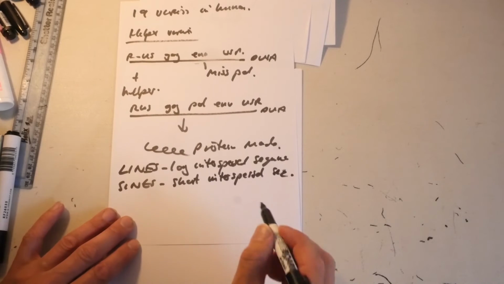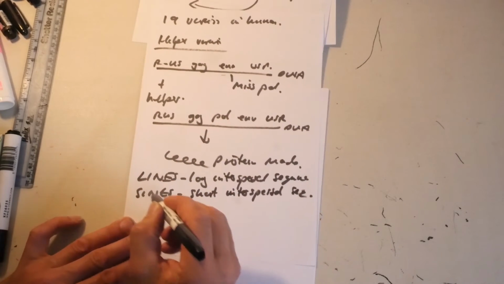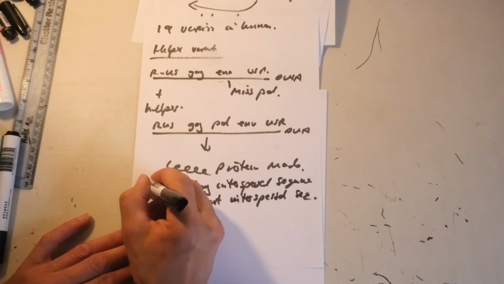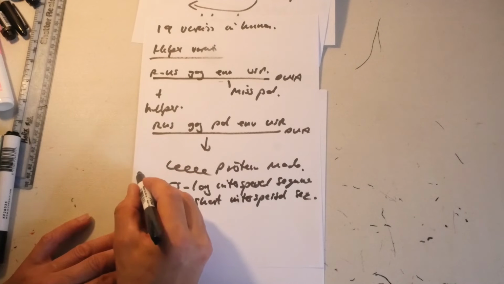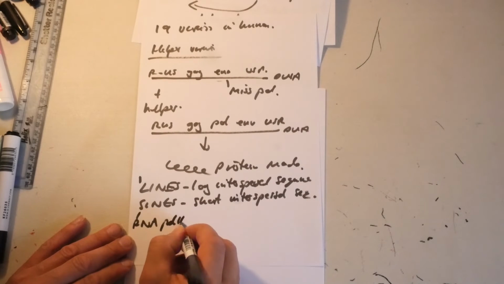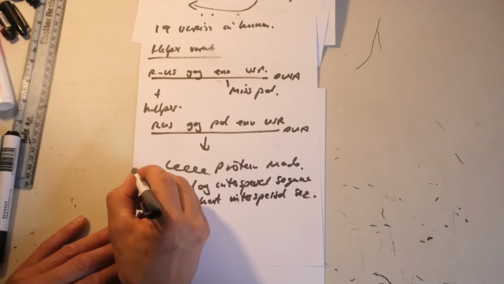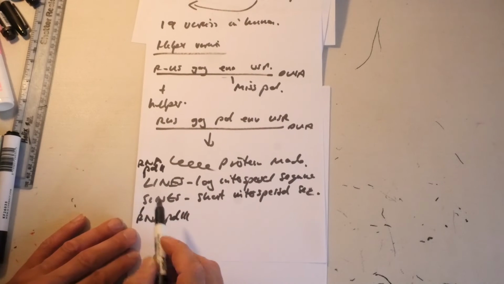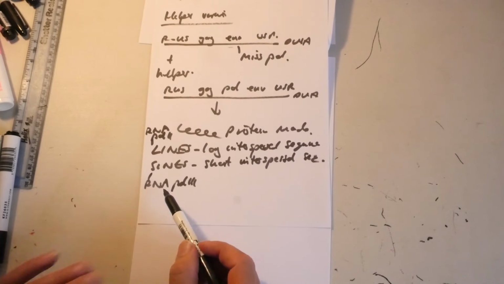These come from RNA polymerase 2, and these come from RNA polymerase 3. That's RNA polymerase 2 and RNA polymerase 3.